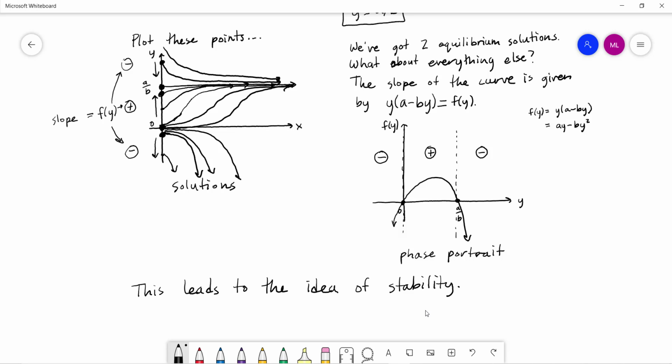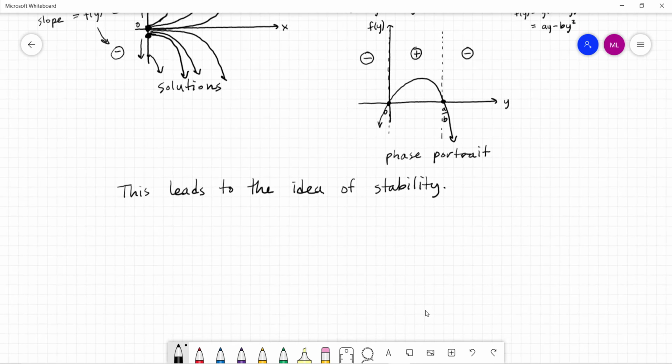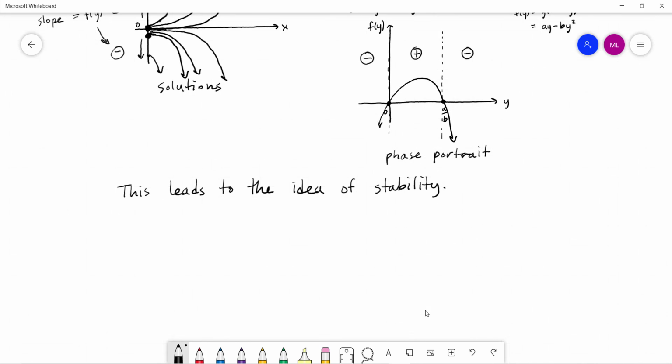So this is the idea of stability. If the critical points, so let's just say this: one critical point in our example above has solutions that approach it.